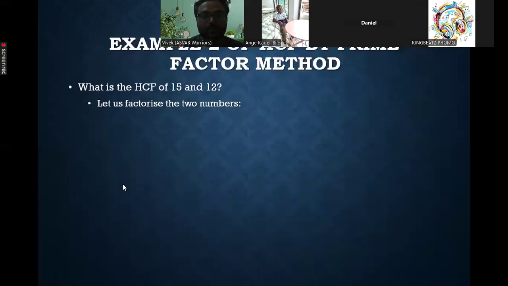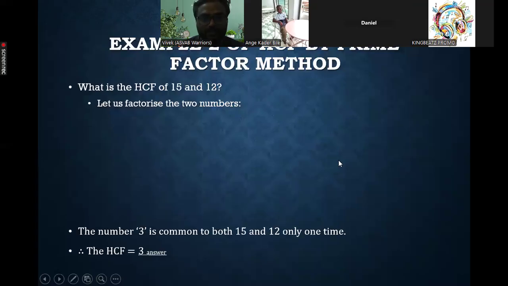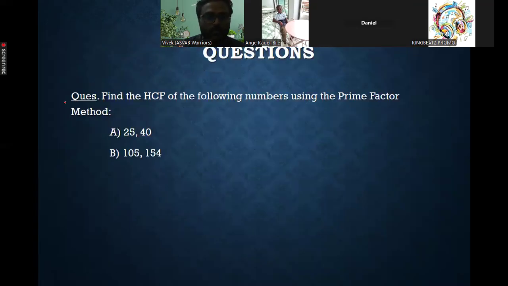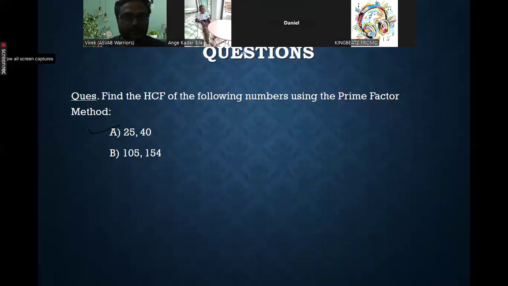Let's move on to the next question, guys. Would you solve the first question? Find the highest common factor of the following numbers using the prime factorization method, the method that we just learned.